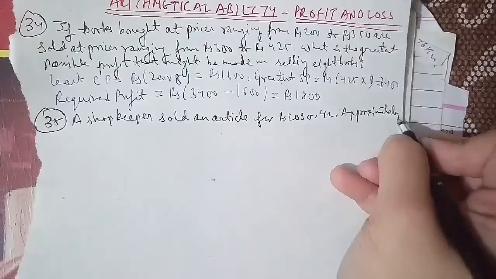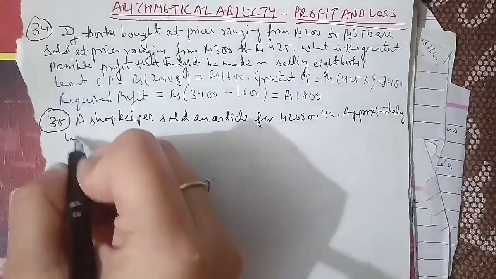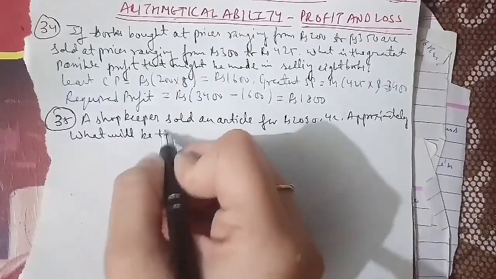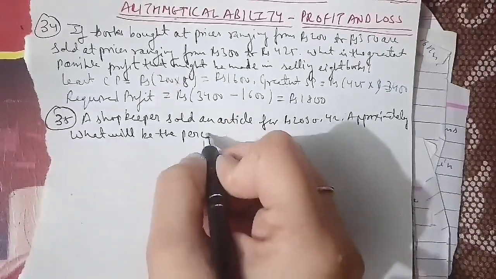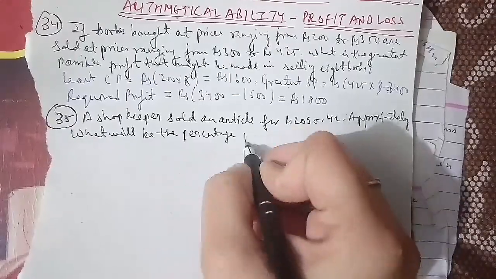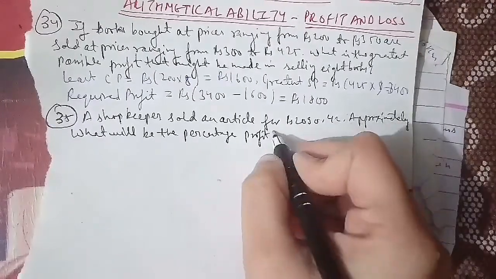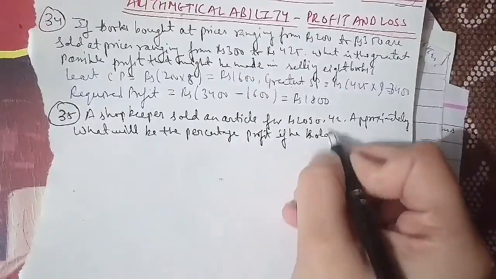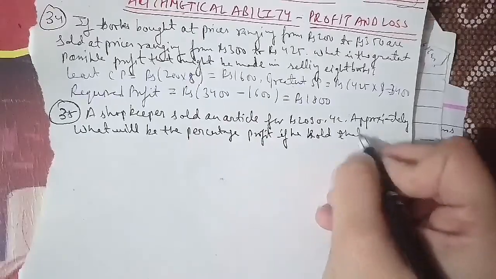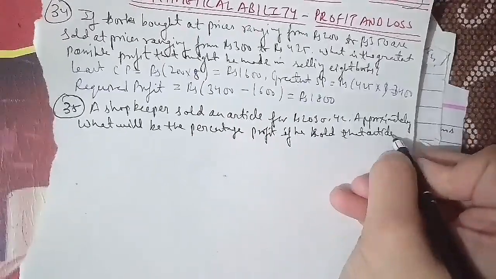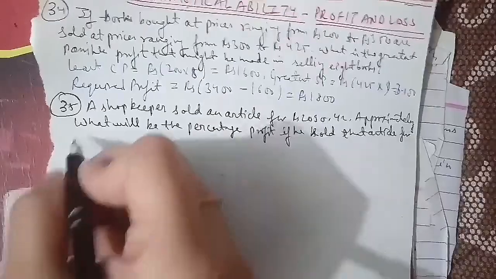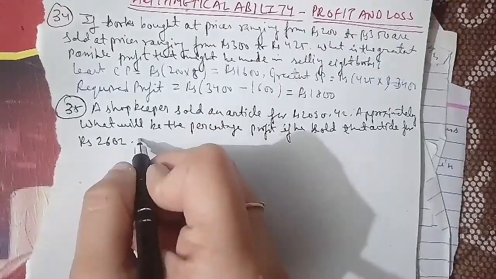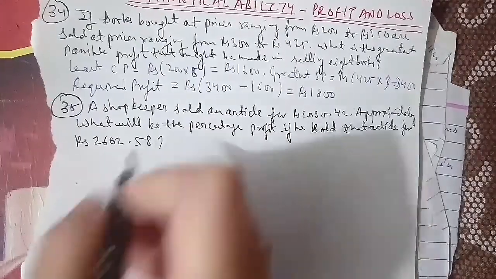Approximately what will be the percentage profit if he sold that article for rupees 2602.58?